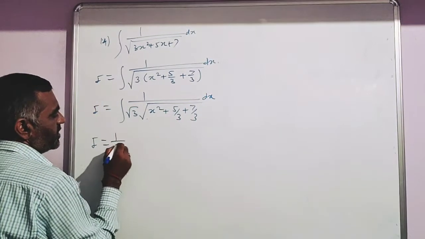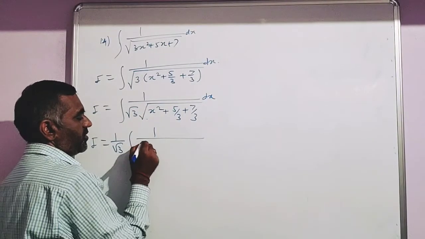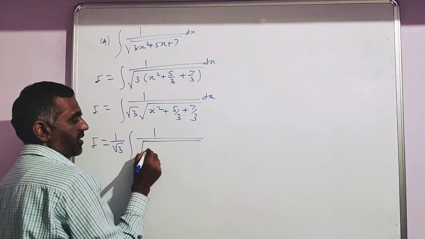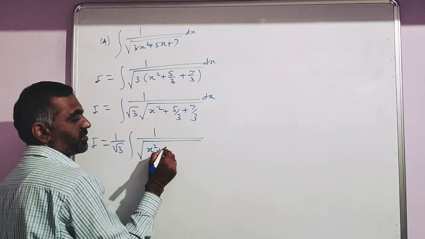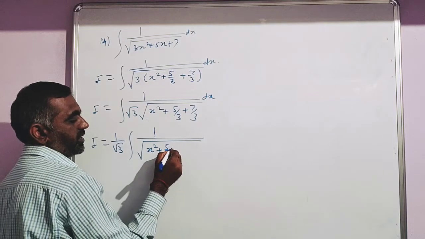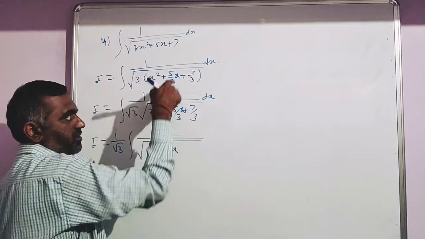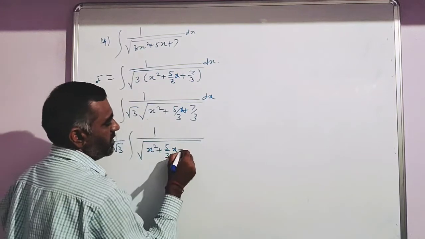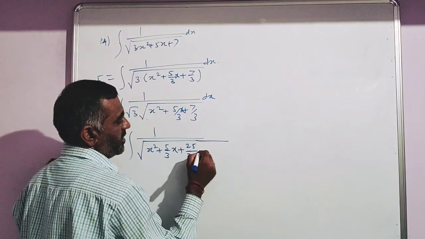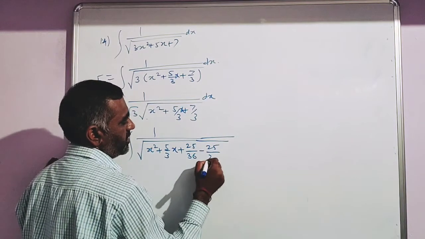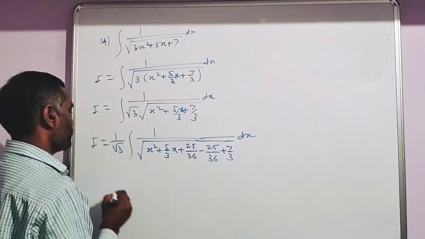I is equal to 1 by root 3 into integration of 1 upon under root x square plus 5 by 3 x. Half into 5 by 3, that is 5 by 6, whole bracket square, so add and subtract 25 by 36, plus 7 by 3 dx.